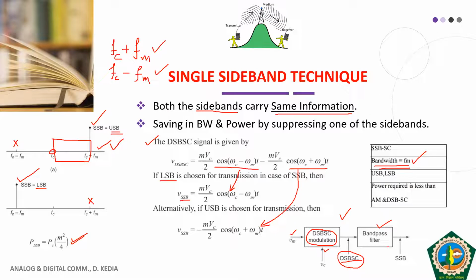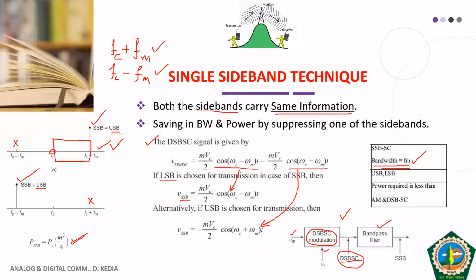But students, though I am pointing out more and more advantages, or the benefits that we get in case of double sideband suppressed carrier and single sideband, obviously we are getting advantage, but one price we are going to pay. In both these techniques, the complexity of the transmitter and receiver is more as compared to simple AM.